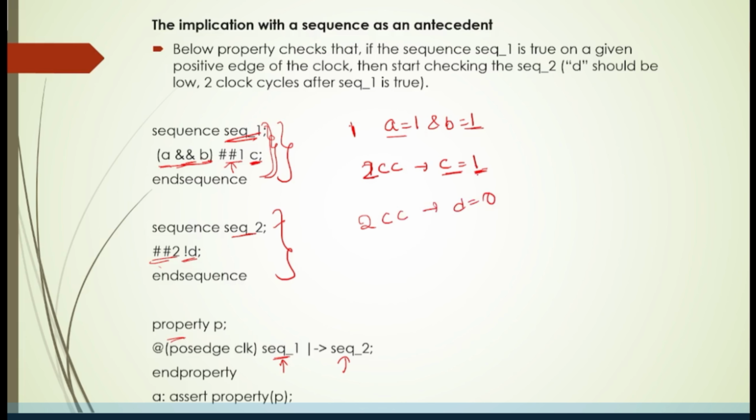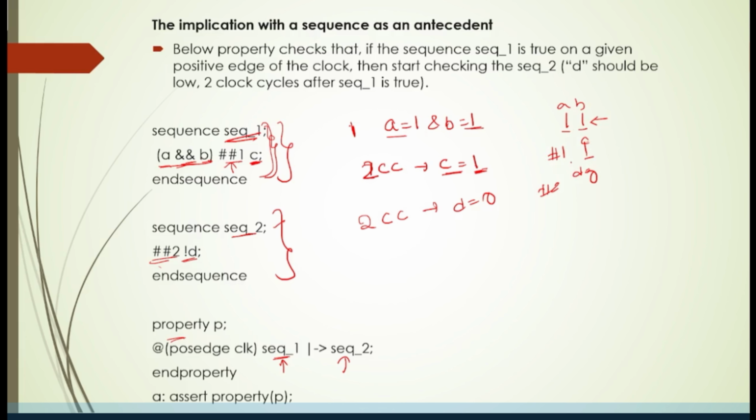So this is the condition I want. That means I want it as 1, 1, and 1, and 0. So A and B both should be high, then after one clock cycle of delay C should be high, then after 2 clock cycles of delay D should be 0.